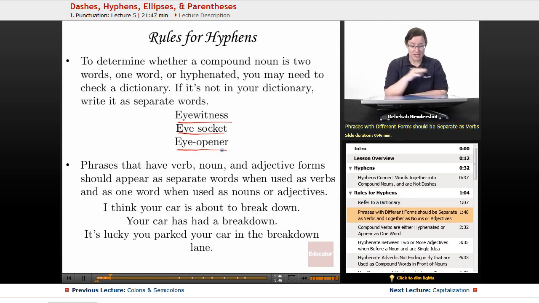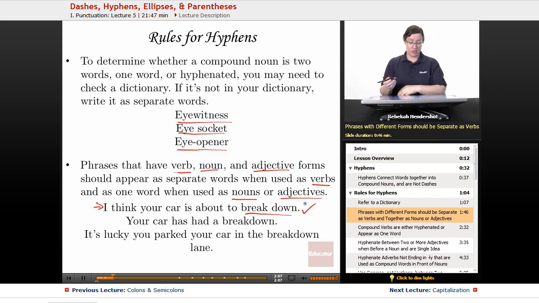Now, phrases that have verb, noun, and adjective forms should appear as separate words when used as verbs, and as one word when used as nouns or adjectives. So, let's take a look at the phrase break down. If we're using it as a verb, as in the sentence, I think your car is about to break down, you use it as two words.